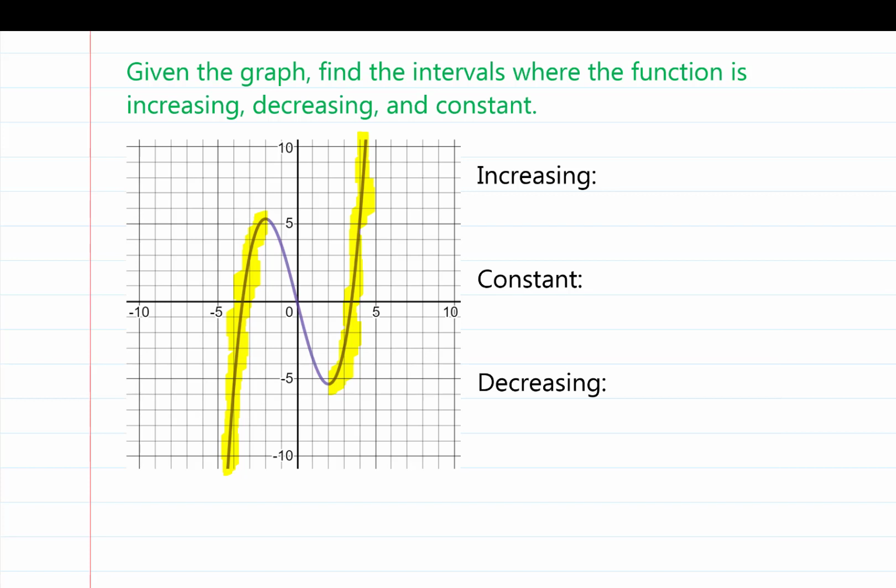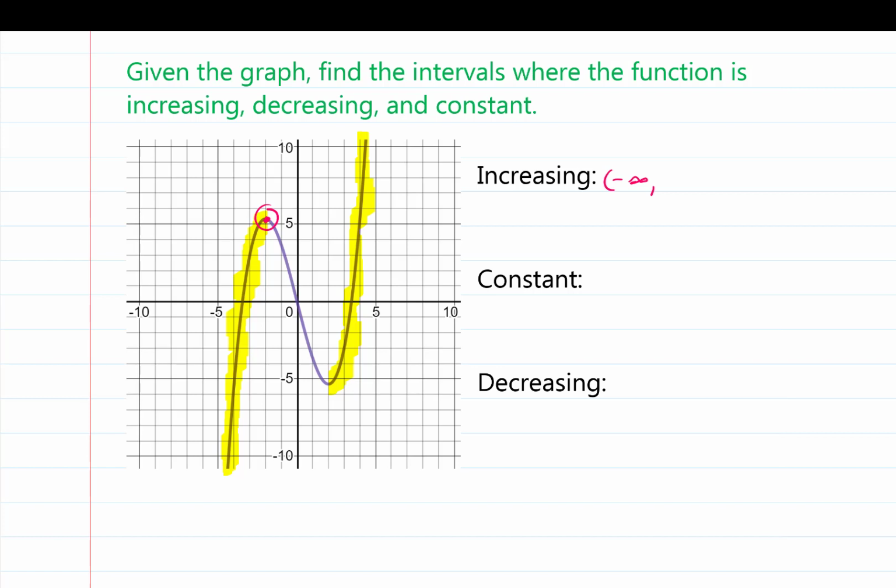To do that, we're going to use interval notation in terms of the x coordinates. So this is really important. We will start with negative infinity, and we will go up to the first x coordinate where it stops increasing. You can see at x equals negative 2, it actually transitions from increasing to decreasing.